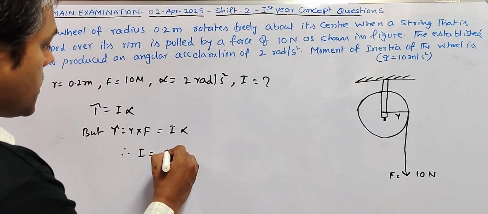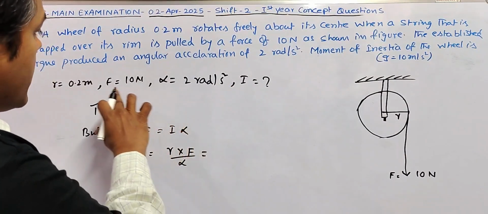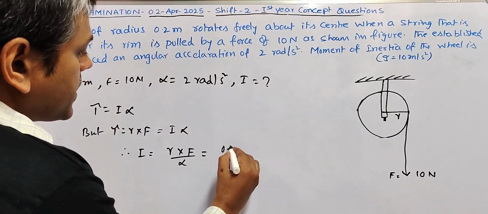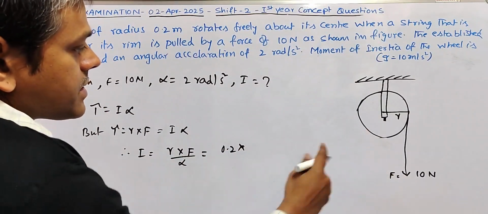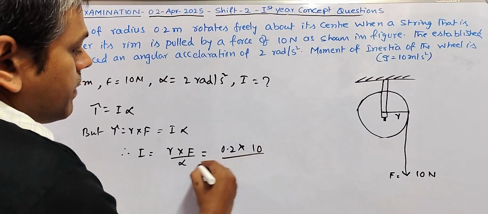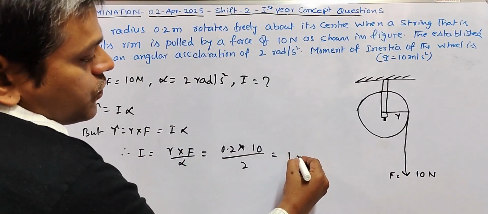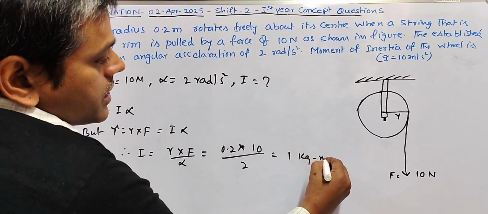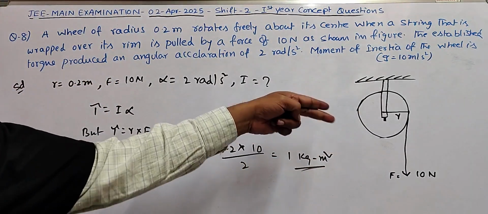So I is equal to R into F by alpha. Here R is 0.2 meter, the radius of the wheel. F, the force applied on the string, is 10, divided by the angular acceleration 2 radians per second squared. So it is 1 kg meter square. This is the moment of inertia of this rotating wheel.